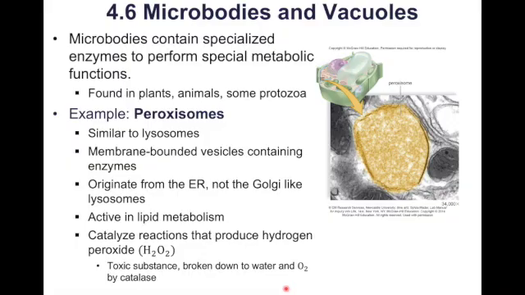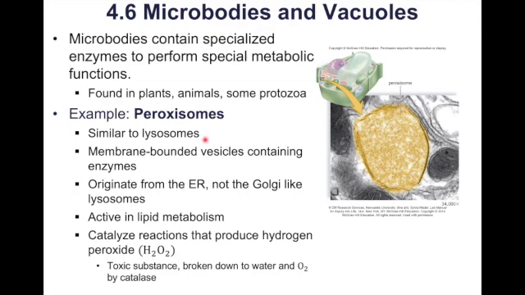Some other organelles, microbodies, contain specialized enzymes and perform special metabolic functions. They are found in plants, animals, and some protozoa. They're similar to lysosomes. They're not lysosomes though. Lysosomes originate in the Golgi. These guys originate in the endoplasmic reticulum, so slightly different organelle.